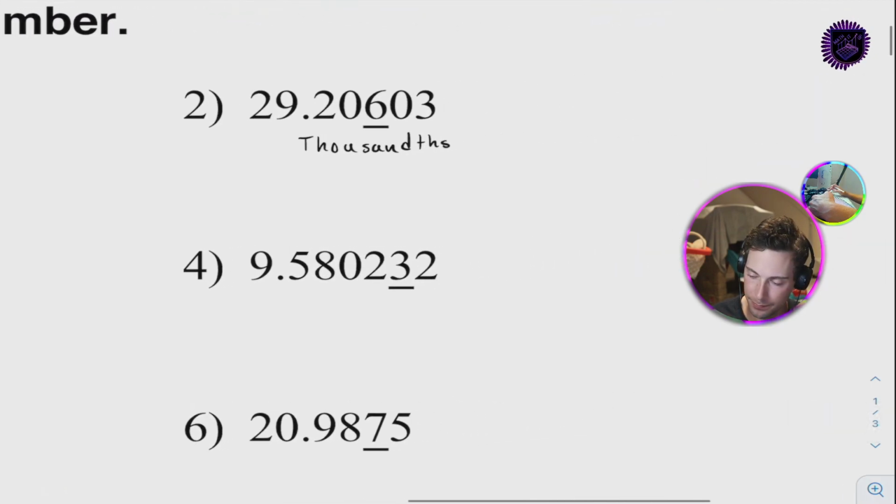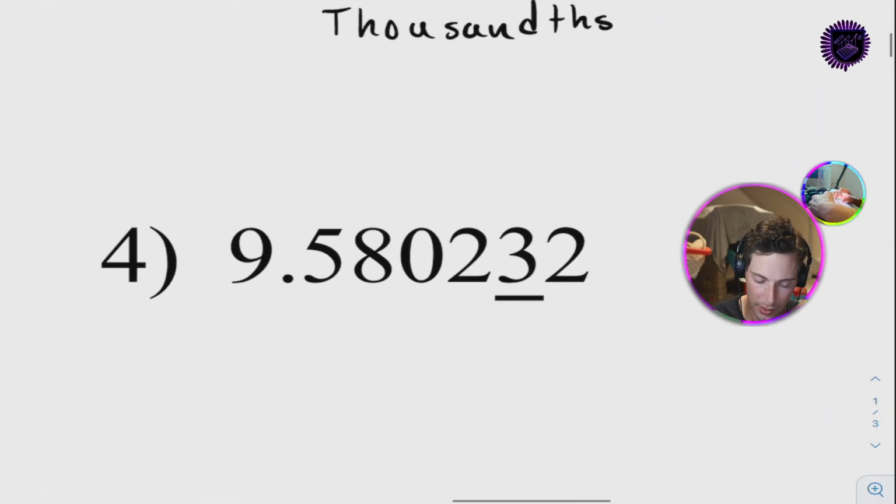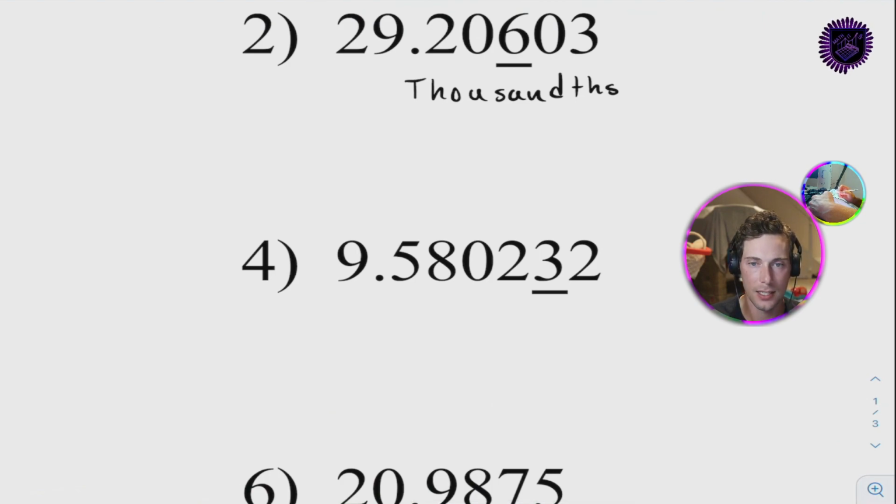Question number 4. Moving along quickly here. Oh my goodness. This is getting big here. There's some serious place values.